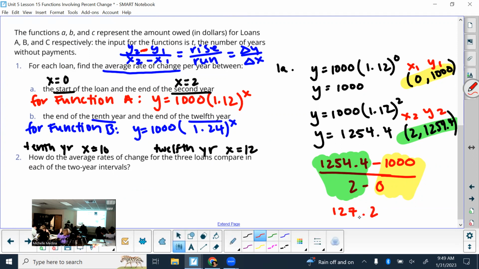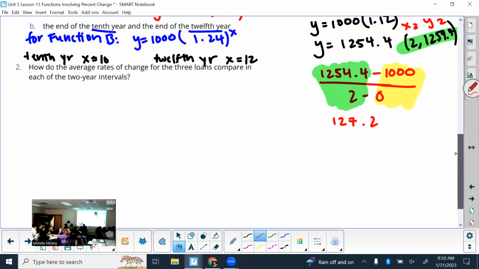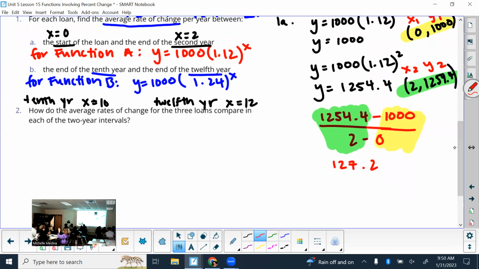What does money round to? Table 1, what does money round to? Table 1. What was that?